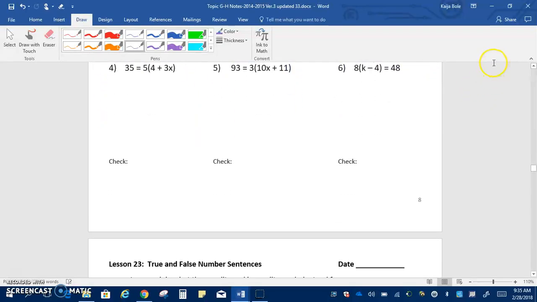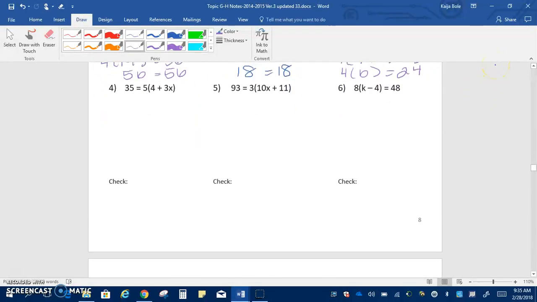Alright, we're going to do one more all together here. And just because the setup looks a little different does not mean that you don't know how to do this. It's just that now the number's on the left-hand side instead of the right. We still have to get rid of these parentheses first, so we got to distribute our 5. So we have 35 equals 5 times 4 is 20, plus 5 times 3 is 15x.